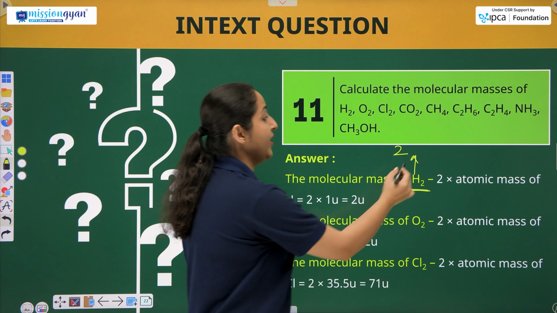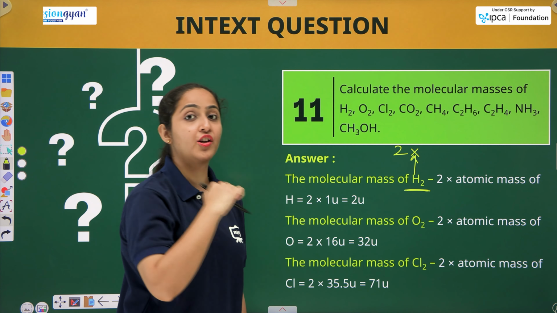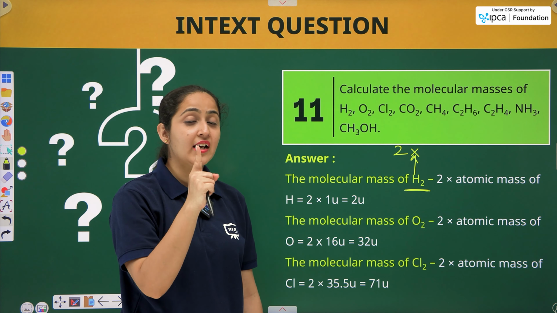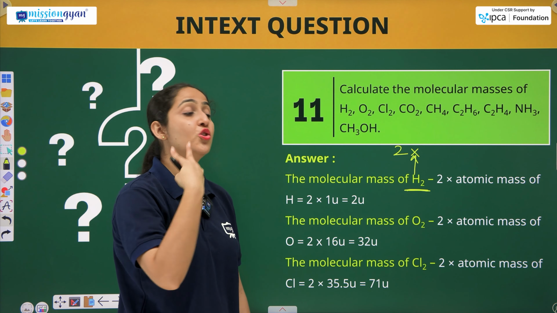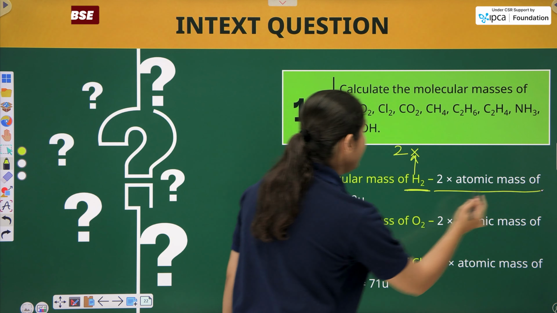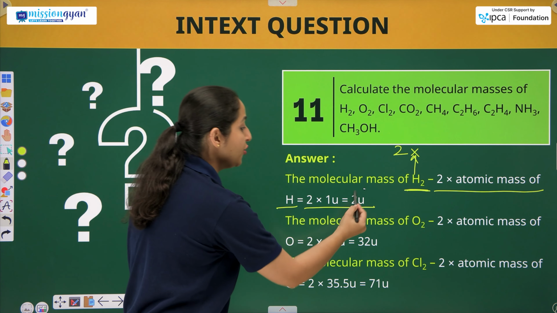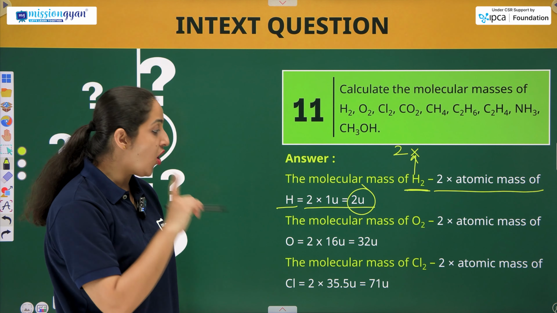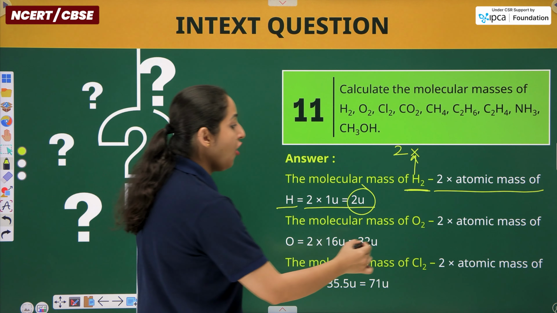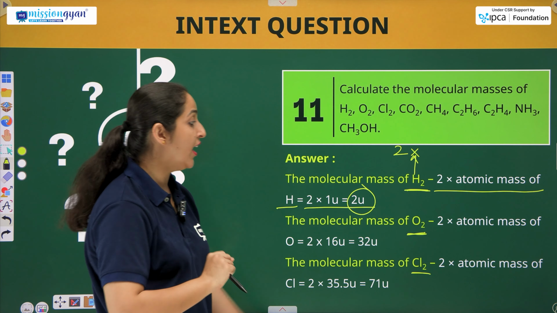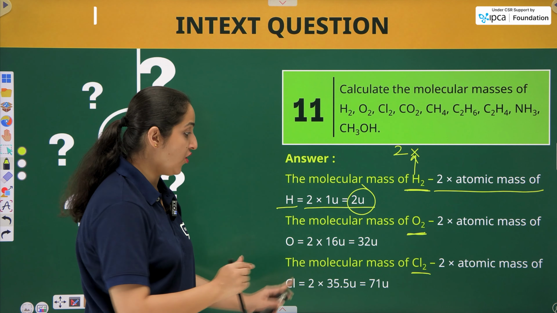So that means we need to multiply 2 with the atomic mass of single hydrogen atom. 2 hydrogen atoms है तो एक का क्या mass है हमारे पास 1U. So 2 का कितना होगा 2 into the atomic mass of hydrogen. That means 2 into 1, 2U. Similarly for oxygen and chlorine, okay. Oxygen is O2, chlorine is Cl2. तो यहाँ पे भी हमें क्या करना है 2 into atomic mass of oxygen.